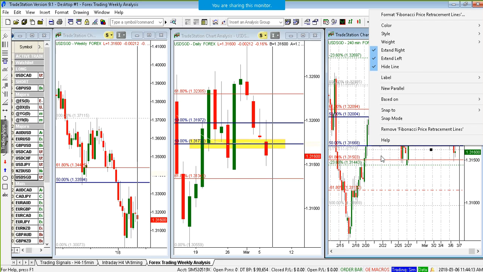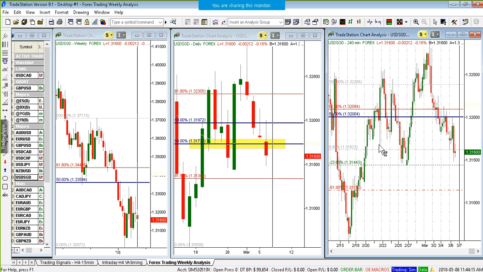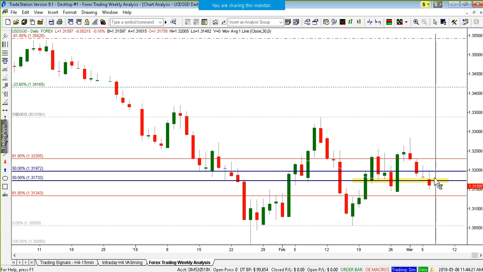So this gives us targets below, and that would be the 31.44 and the 31.15. Okay, so this market is challenging the 50% here, and it has been in a range of 50%, never held.